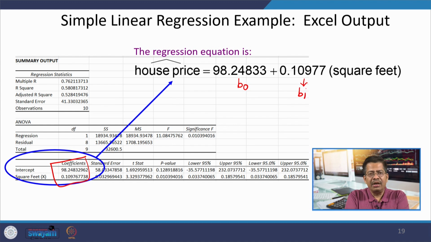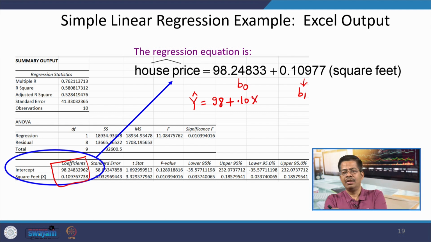B naught is, let us say, 98. Let us not make it very complicated. So, you can say y equals 98 plus 0.10 into x, that is the area. So, that is the simple equation you are getting, where the value of B naught is 98 and value of B1 is 0.10.